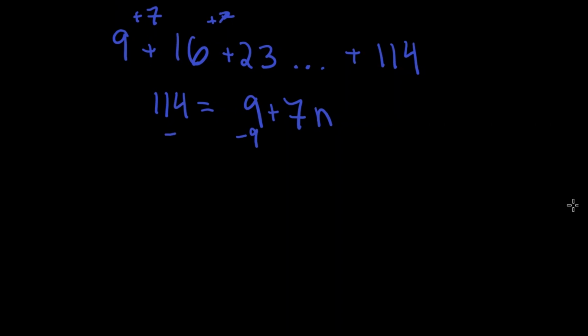We subtract 9 from both sides. We're left with 105 is equal to 7n. Then we divide both sides by 7, and we're left with n is equal to 15.